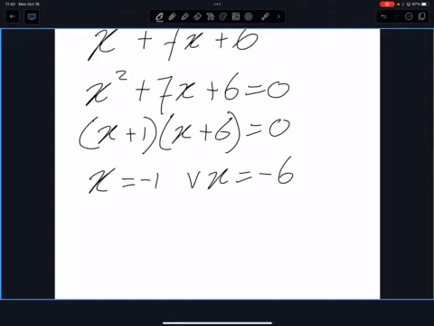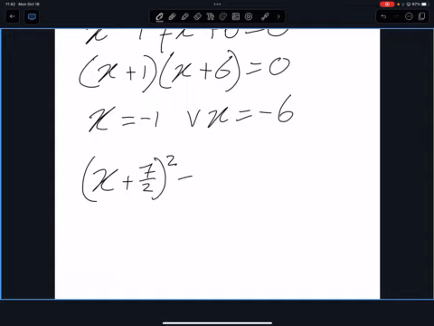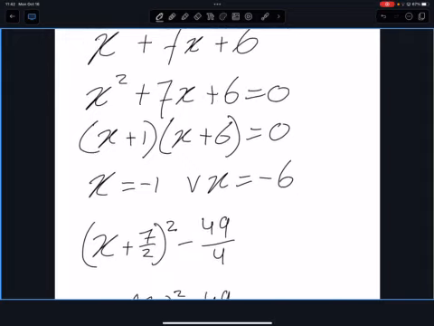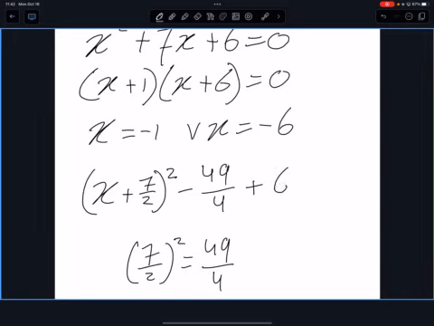Now I complete the square. Seven divided by 2, squared. Subtract. And then add 6.